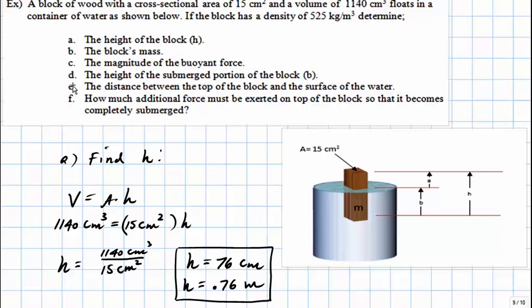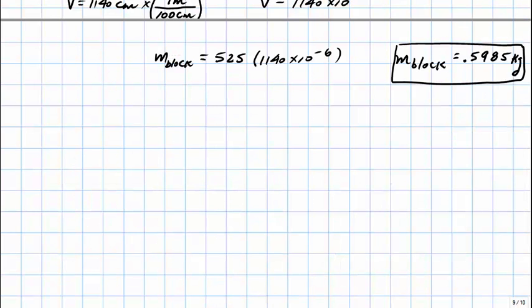In part C, we would like to determine the magnitude of the buoyant force. The buoyant force is represented by B, and in order to determine the value of B, we're going to use the buoyant force equation.